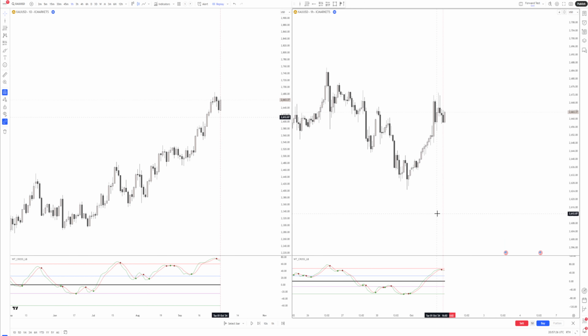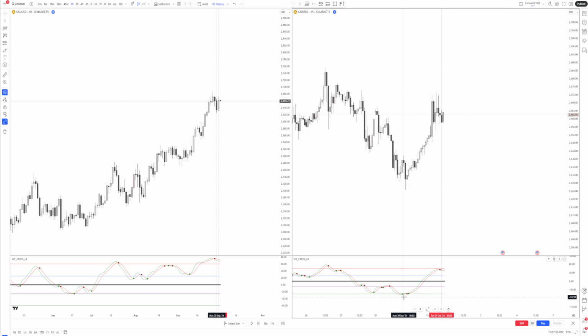So how do you enter this trade, and where do you place a stop loss? Very simply, I am looking for the direction of a red candle. I don't want to be entering in a green candle because we could potentially get another green and continue up. So let's wait for a red candle.